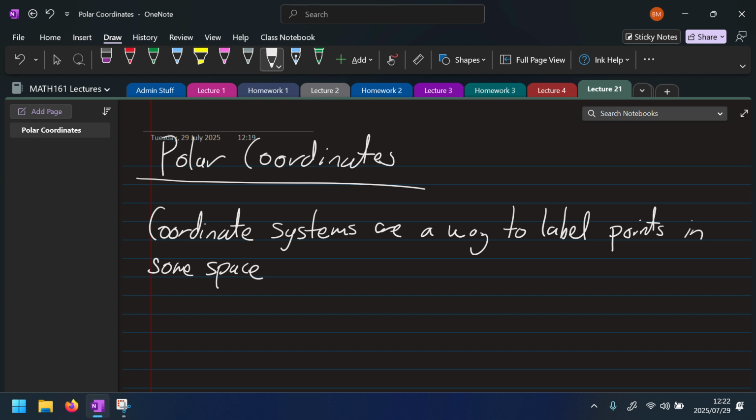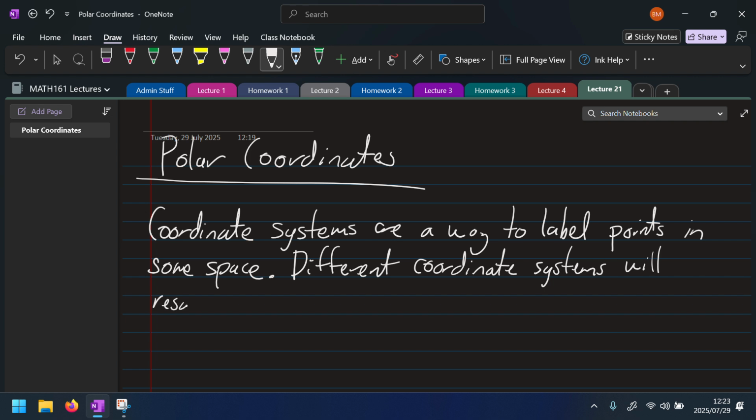If you're looking at a 2D system, you pick a point, that will be some x, y. So you're familiar with the idea of labeling points in Cartesian coordinates. Different coordinate systems will result in different labels for the same point.